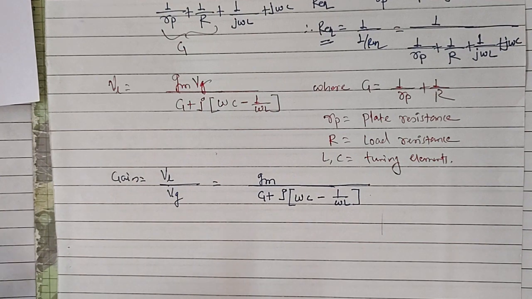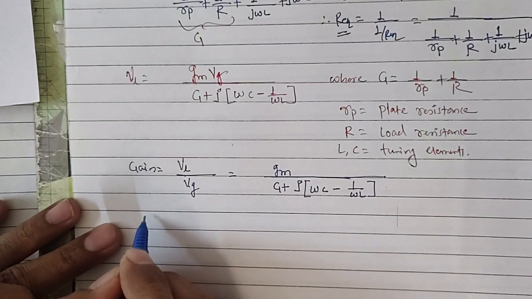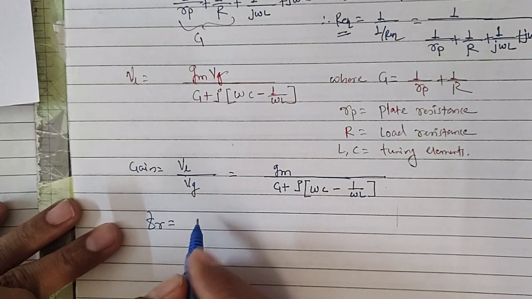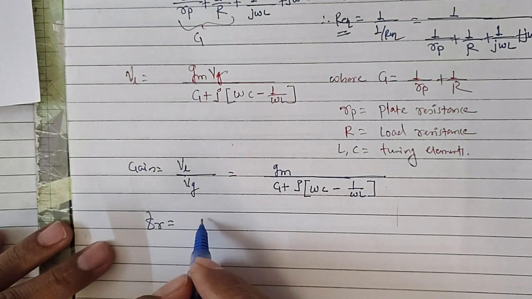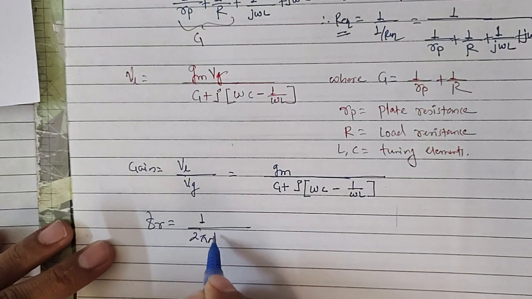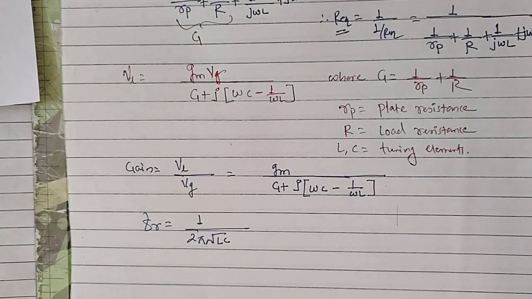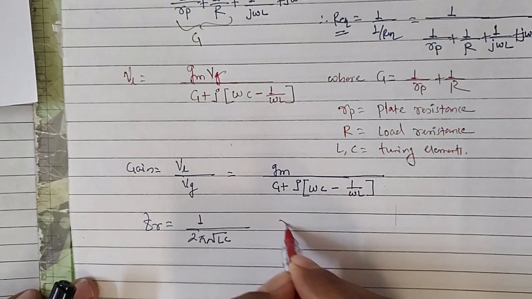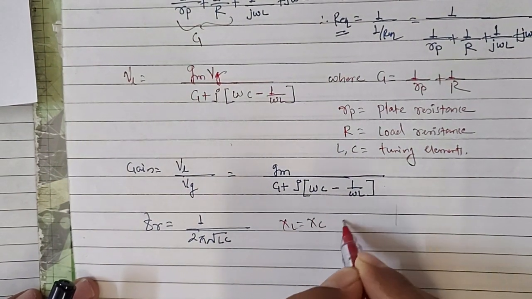Maximum gain is only possible at resonance. We know the equation for resonant frequency: Fr is equal to 1 over 2 pi under root LC, and at resonance frequency XL is equal to XC.